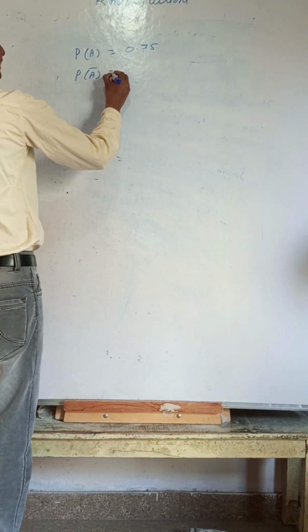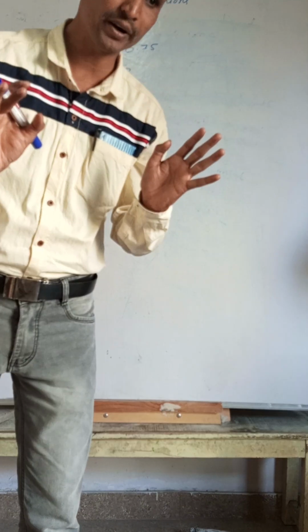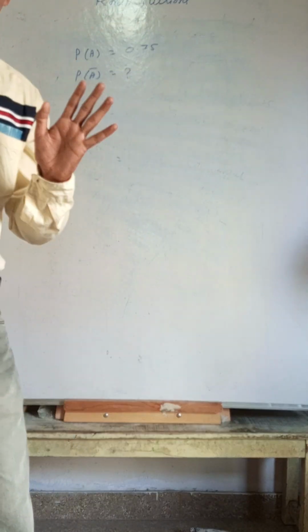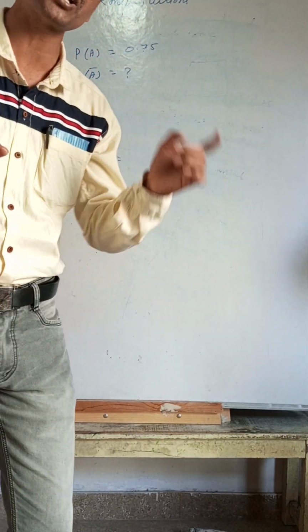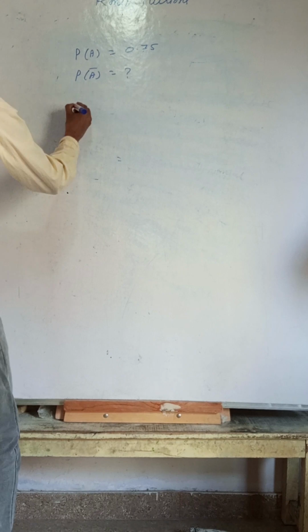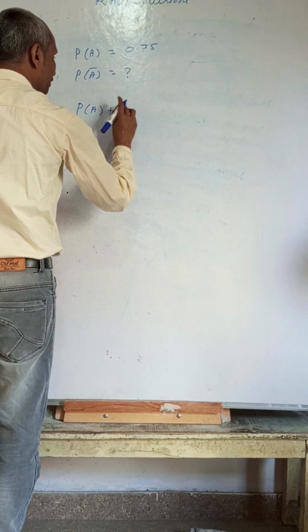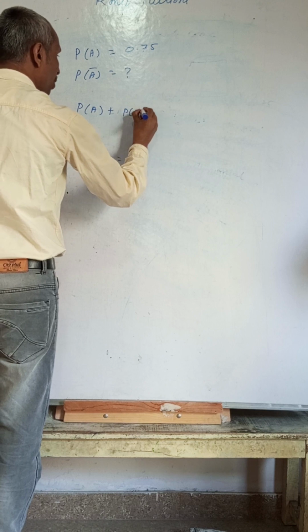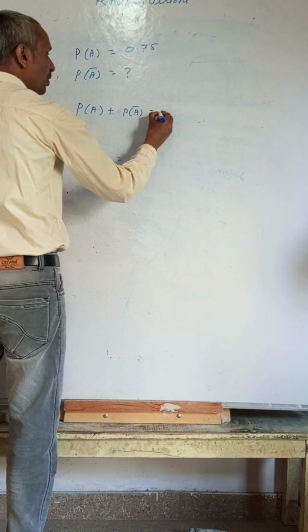not happening. The sum of all the probabilities is always 1. So we know that P(A) plus P(A not), we can also say P(A bar), is equal to 1.